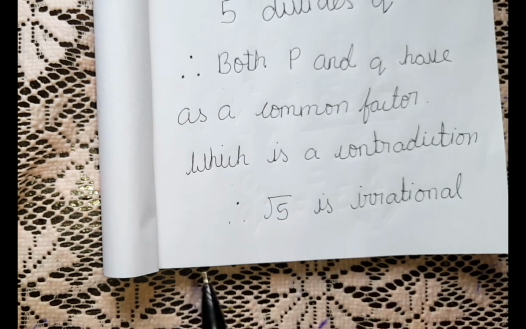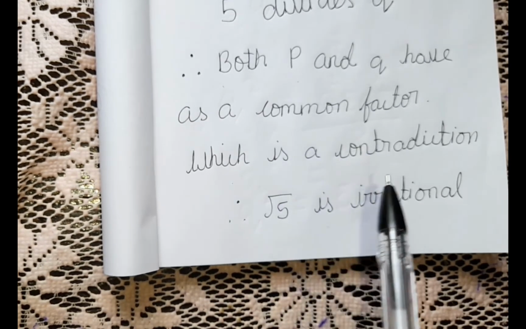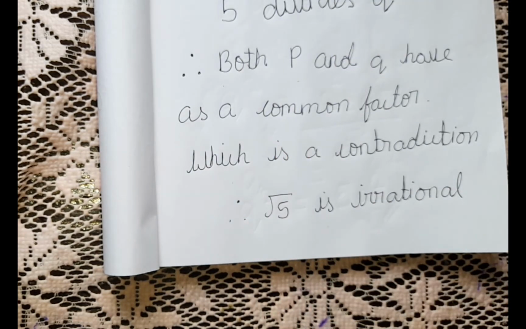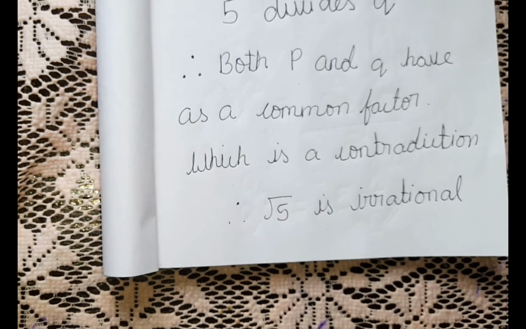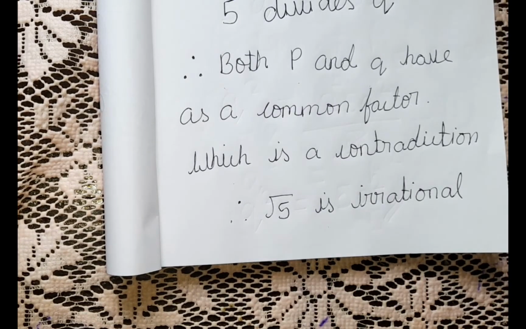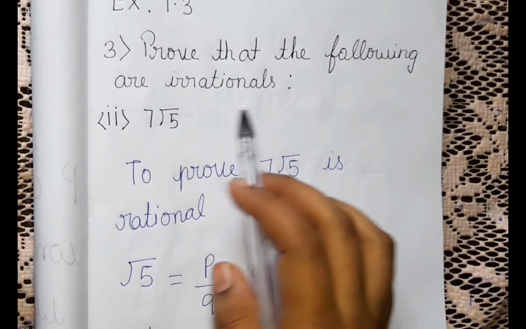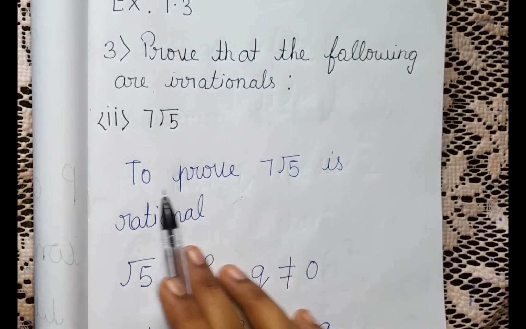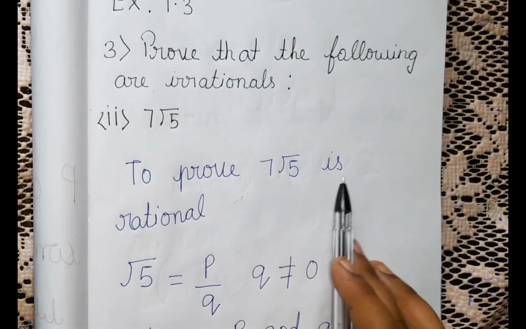You might ask, why did we write it like this? What is the exact meaning of this contradiction? The meaning of contradiction is, first we took 7 root 5 as rational, but in the question it's mentioned irrational. Let me show that. Here in the question it's mentioned irrational. Then we took it to prove 7 root 5 is rational.